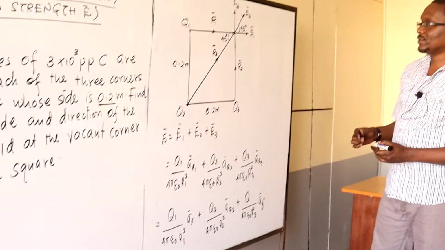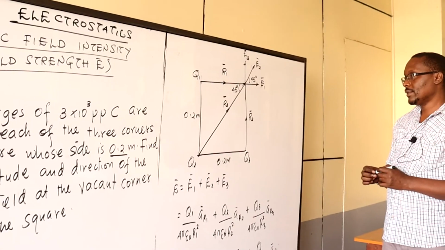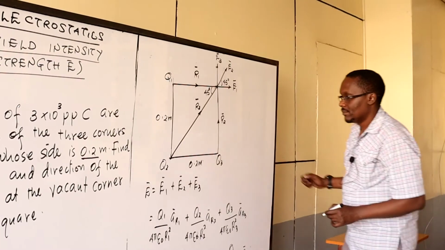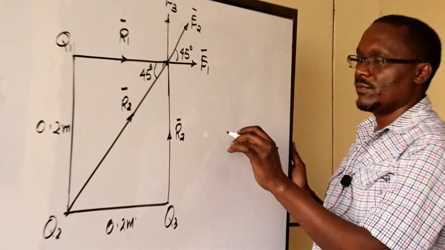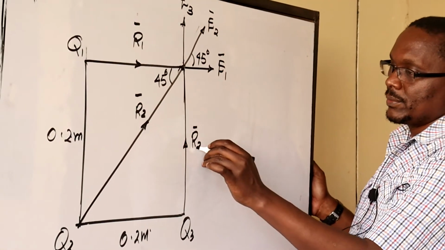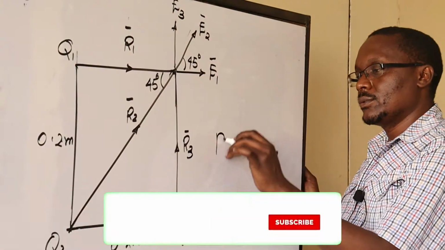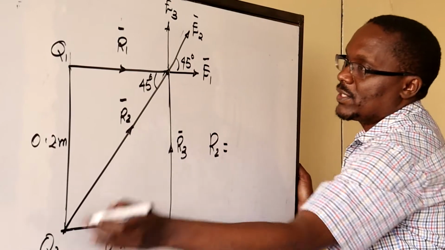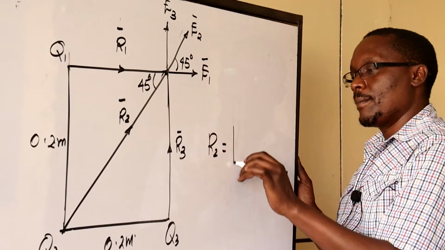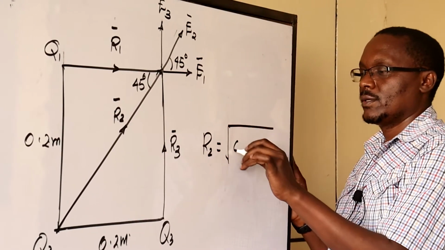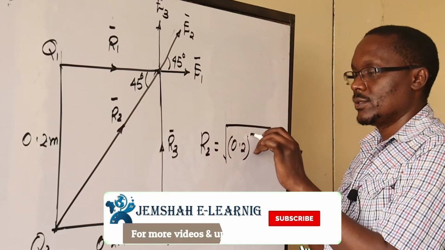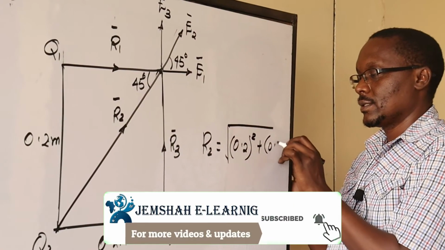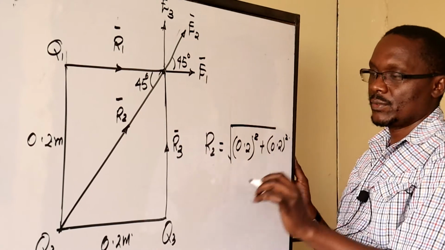So now let us go to our question. Again, one thing that we also need to find out before proceeding further is the value of R2. Sorry, this should be R3. So R2 as a magnitude, which is the distance from this point to the vacant point, must be the root of 0.2 squared plus 0.2 squared.